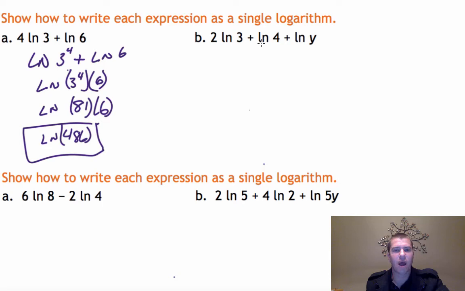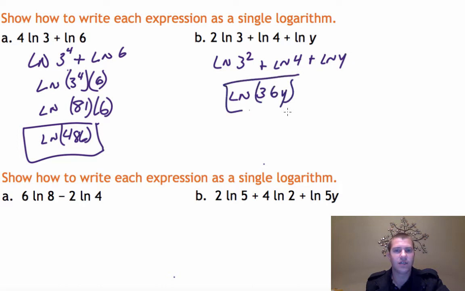Again, remember before I put them together, I'm bringing that exponent. So it's ln of 3 squared plus ln of 4 plus ln of y. And all of these are being added, so I'm going to multiply them all. ln of 3 squared, well, that becomes 9 times 4 is going to be 36 times y. And so I have ln of 36y.